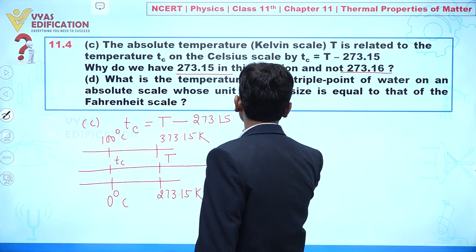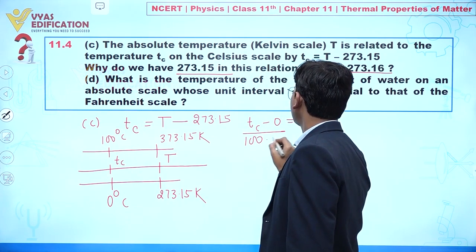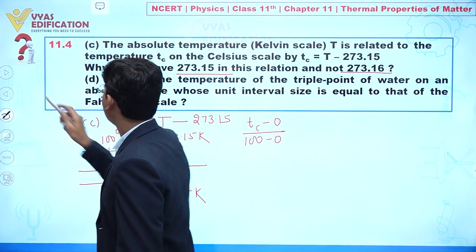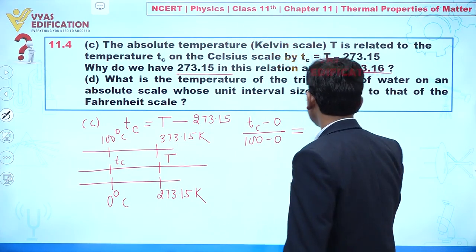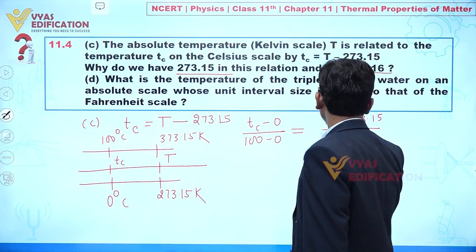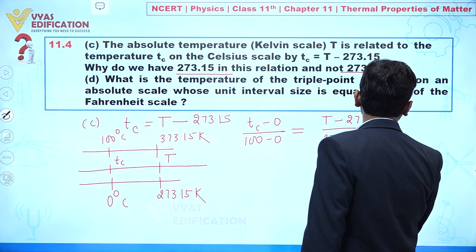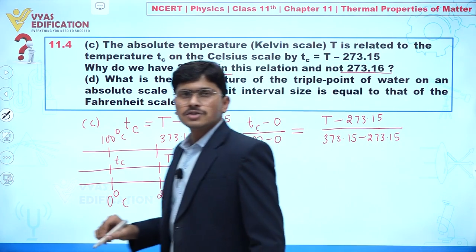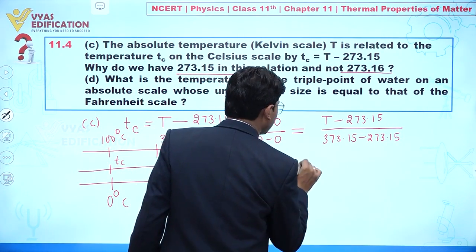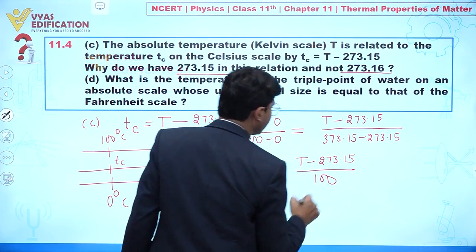We always write like this: Tc minus 0 divided by 100 minus 0, and this should be equal to T minus 273.15 divided by 373.15 minus 273.15.